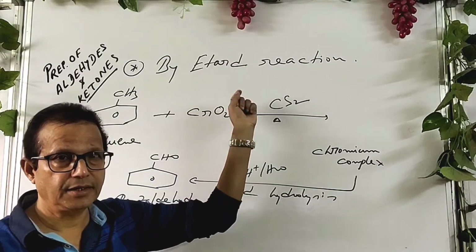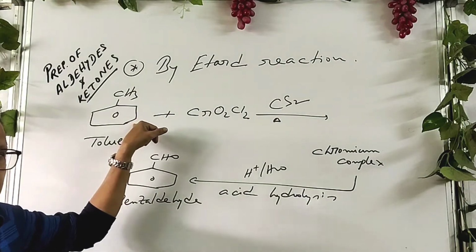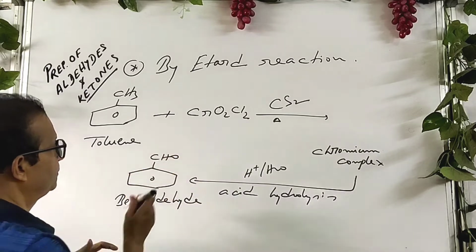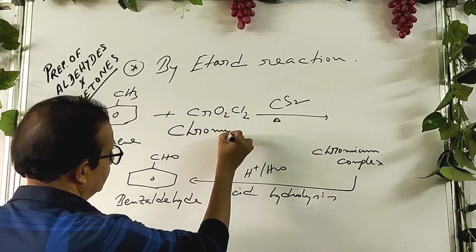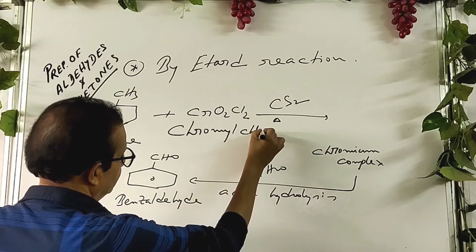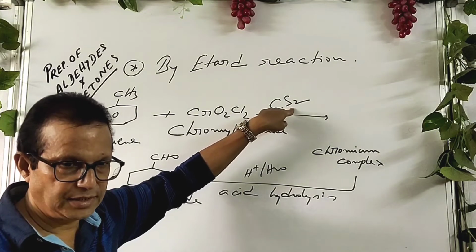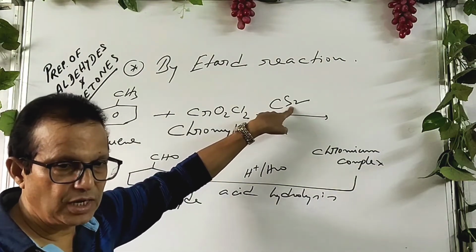This is Etard reaction, okay. When toluene reacts with chromyl chloride, in presence of carbon disulfide as solvent, it's a non-polar solvent.